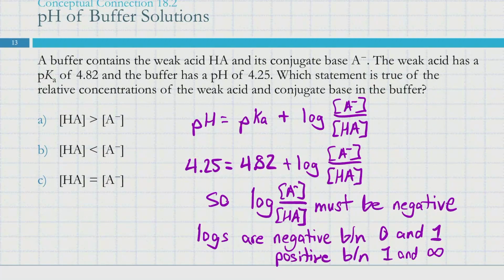So in order for us to have our log be negative here, our concentration of A- needs to be smaller than our concentration of HA. So A fulfills that condition. And you could plug numbers in if you wanted to. Like we could put 1 for A- and 2 for HA and just see what comes out for log.